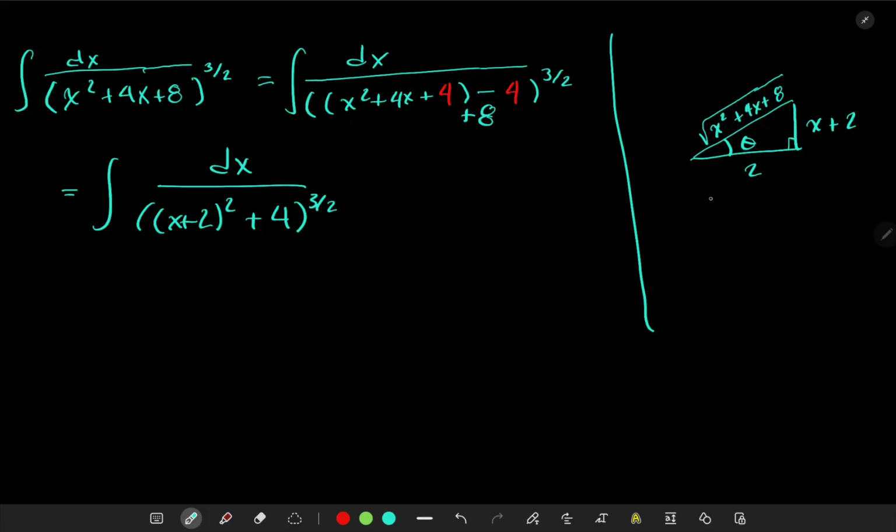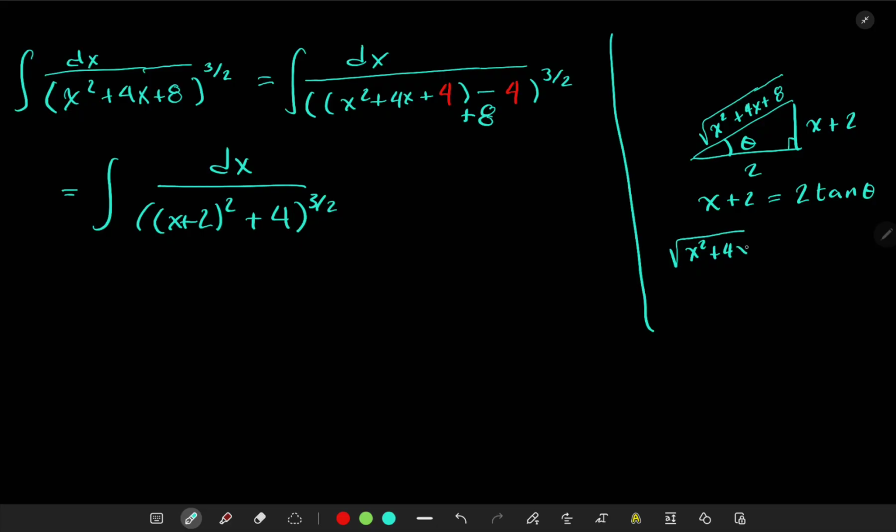All right, so now we do our substitution. Our tangent, x plus 2 over 2, is going to be the tangent. So if you multiply both sides times 2, you get 2 times the tangent of the angle. That's going to be x plus 2. And now this, if you divide it by 2, that's square root, you would be doing hypotenuse over adjacent.